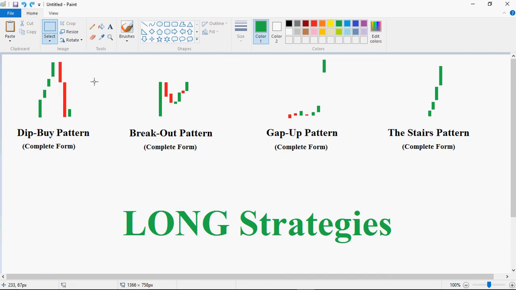It shouldn't matter because you should be able to recognize it and say, okay, it's halfway forming. Sometimes when you come to the ticker, it just looks like this, and you'd be like, okay, it's forming into the dip buy pattern. See that?